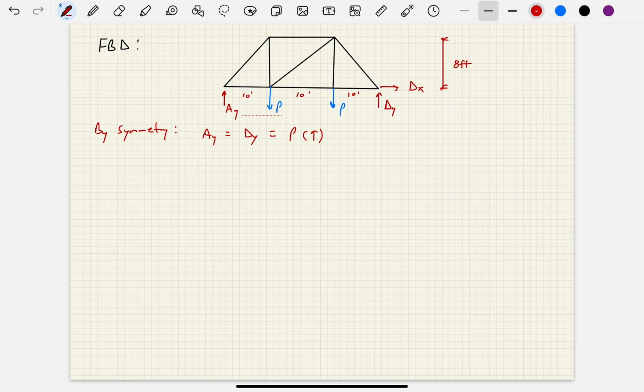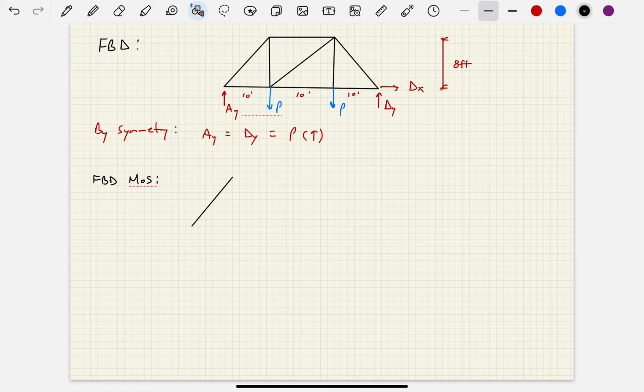Now what we're going to do is say free body diagram using method of sections. And remember, for trusses, in method of sections, we pass a cut section through several members, including the one we're interested in. And then we look at a free body diagram of everything on one side of that cut or the other. All right, so I'm going to go ahead and do that now.